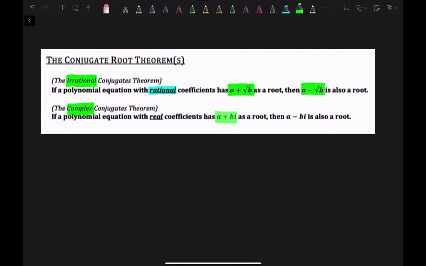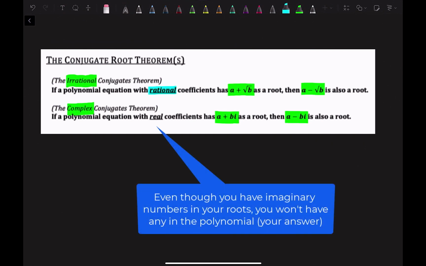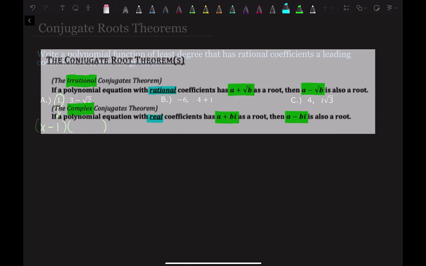If we have a zero or a root with an i in it, then its conjugate, same two terms, switch the sign in the middle, is also going to be a root. And just like we create rational coefficients, this one's going to create for us real coefficients.